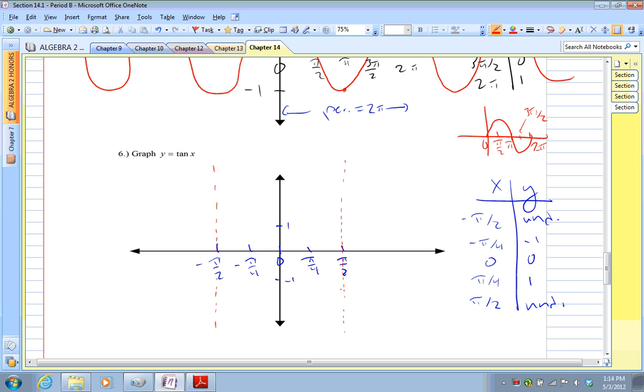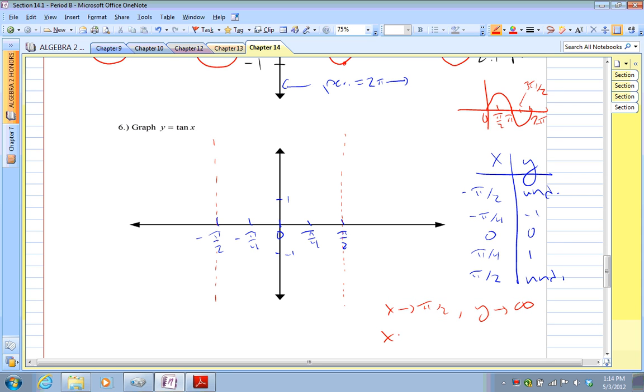It'd be an asymptote, because the whole purpose of an asymptote is so that when x gets really close to that value, so basically when x approaches pi over 2, y approaches infinity. And also when x approaches negative pi over 2, y will approach negative infinity.